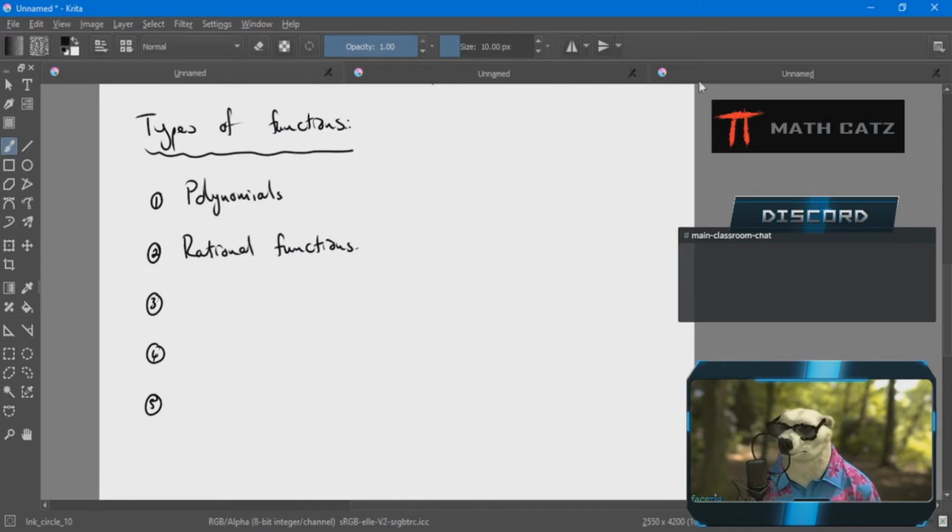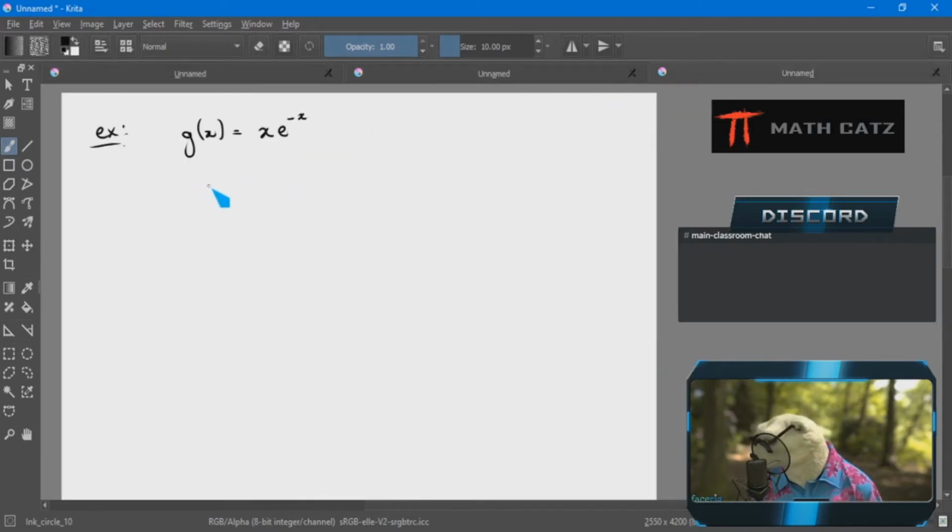Then, where's my, yeah, there we are. Then I have functions like this guy, which has an exponential component. It's not an exponential function, because technically speaking, an exponential function looks like that, with some x's at the top, not really mixed with other things. These guys have exponential functions as components in them.